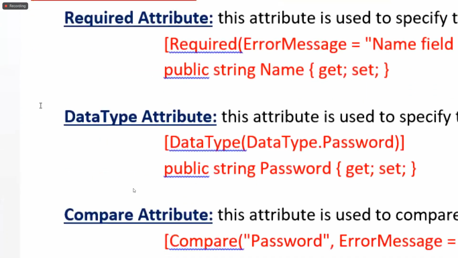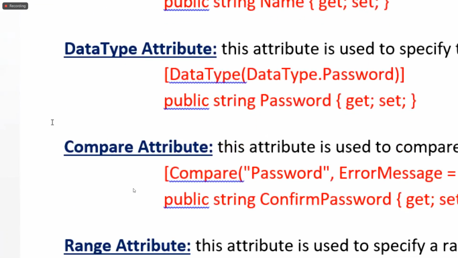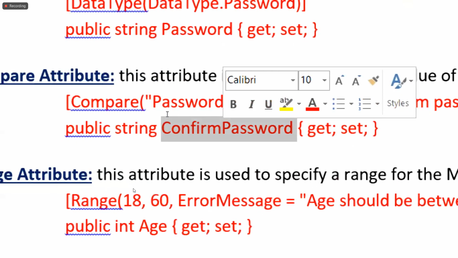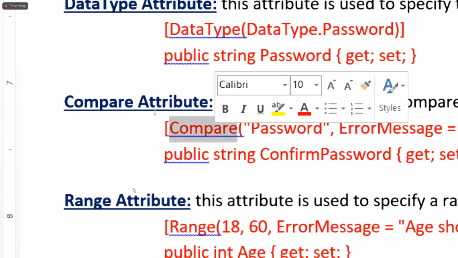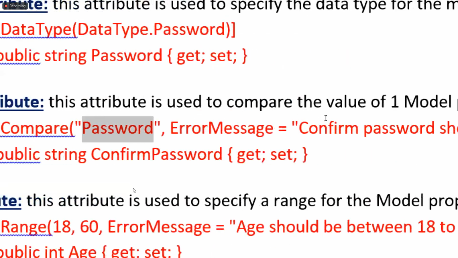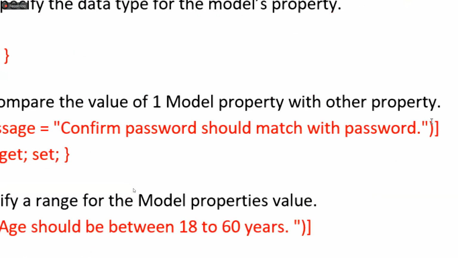First one Required. Second one, third one, Compare. You know this. Comparing one field with another field. See now, ConfirmPassword, get and set. Compare with what? Compare with Password. If not matching. Are you clear?